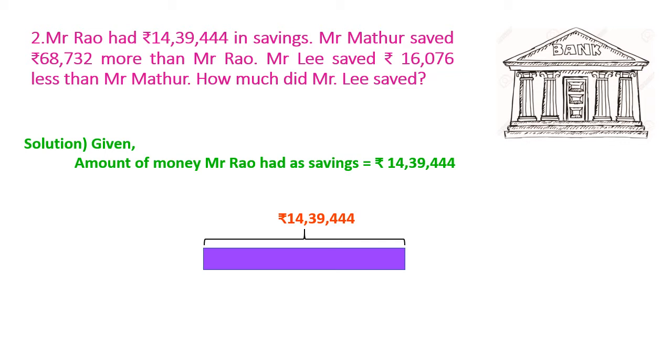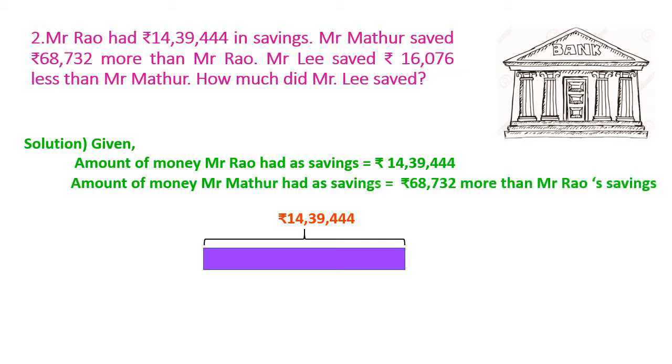Now the second piece of information is that the amount of money Mr. Mathur had as savings is equal to rupees 68,732 more than Mr. Rao's savings. So if we want to represent this with a bar, we will simply add a smaller bar to this pre-existing purple bar.